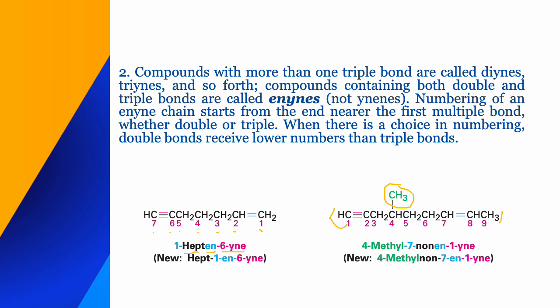Okay, so in this case we have 4-methyl, so the substituent is located in carbon 4, that is why we have here 4-methylnon-7-en-1-yne. 7 represents the location of the double bond in carbon 7, and 1-yne means the triple bond is located in carbon 1.